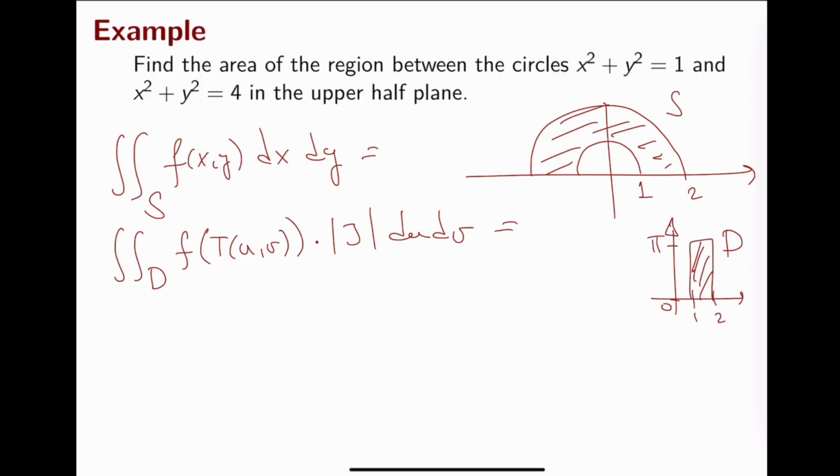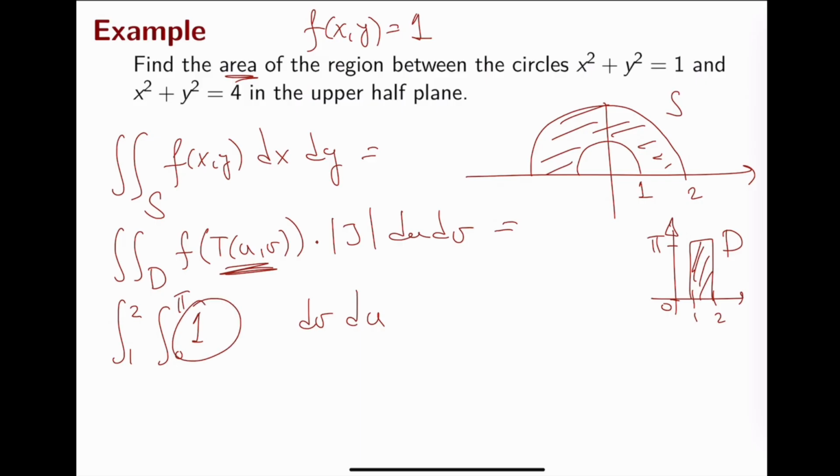And so the description on D will be just the integral between 1 and 2 of the integral between 0 and pi dv du. And the function that we are going to put here, well, if we are trying to calculate just the area, the function that we are talking about is just the function equal 1, right? That's the definition of area. So we are going to put here the function 1, and evaluate it here doesn't make any difference because the function is constant. And multiply by the Jacobian. So in this case, we have calculated before, and that will be just u.